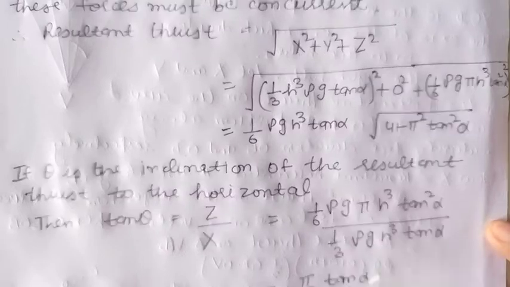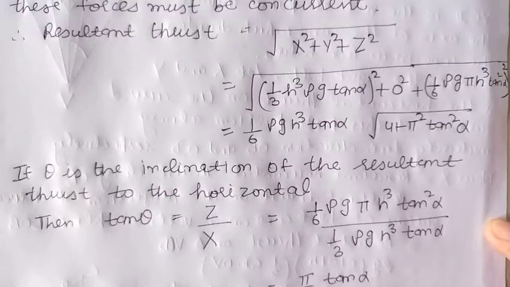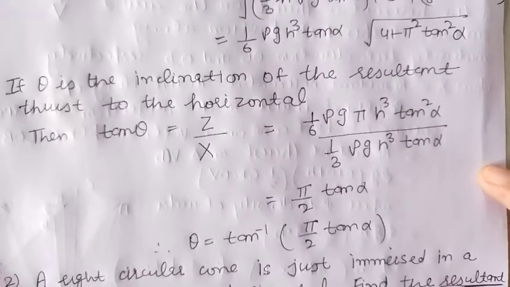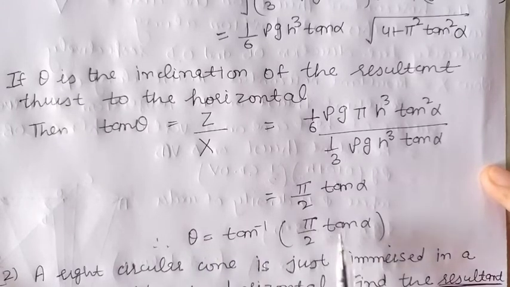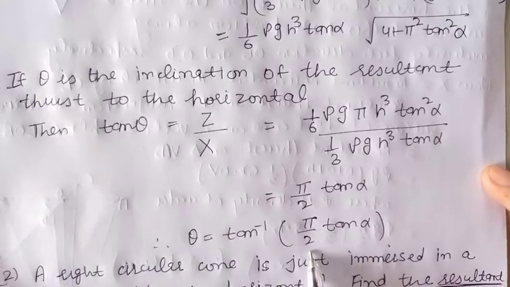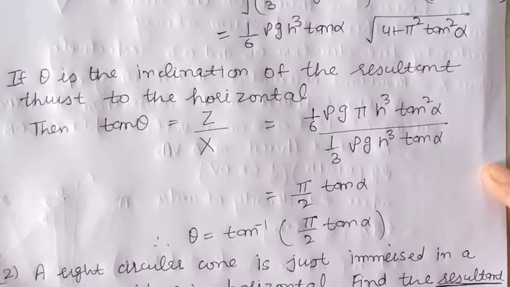After simplification, this becomes pi by 2 tan alpha. So from here we can find the value of theta, which is tan inverse of pi tan alpha divided by 2. So this proves the required result.